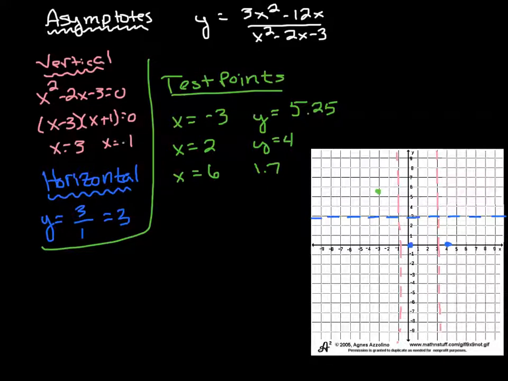Since the graph is never going to touch the vertical asymptote, and the curve is going to get infinitely close to the horizontal asymptote, we can assume it looks something like this.